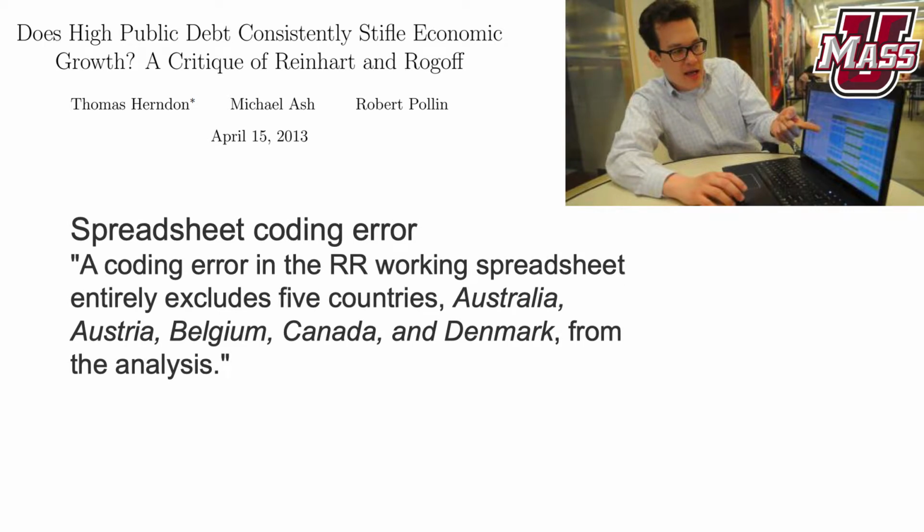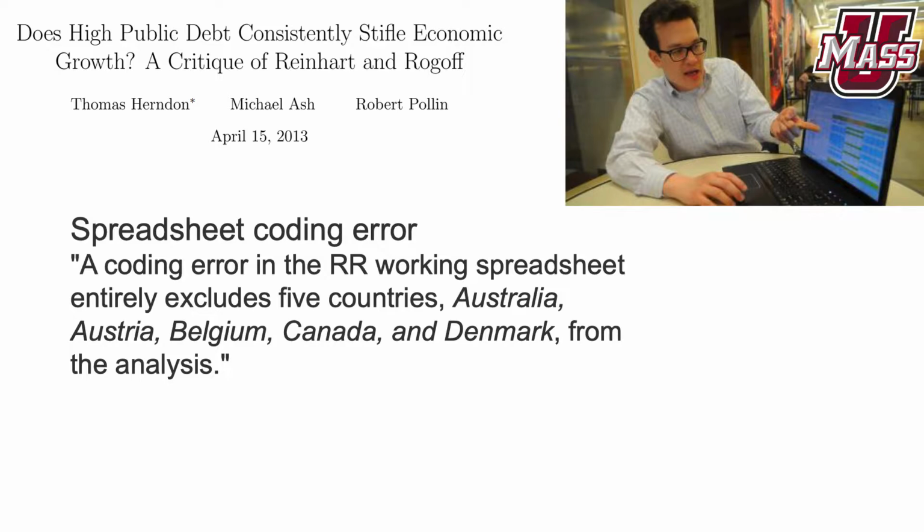Namely, the authors somehow managed to exclude 5 countries from their calculations. These were Australia, Austria, Belgium, Canada, and Denmark. Does anyone notice a pattern here? Yes, right? Alphabetical from A to D. Exactly right. So what happened? Most likely what happened is that someone had used a mouse to draw kind of a gate around the cells that they wanted to include in the final calculation and just didn't go all the way to the end, right?